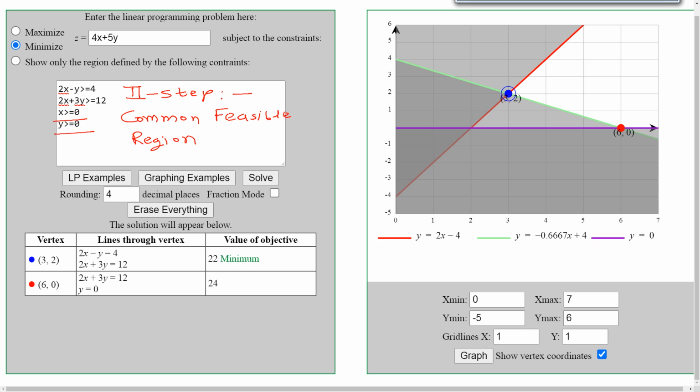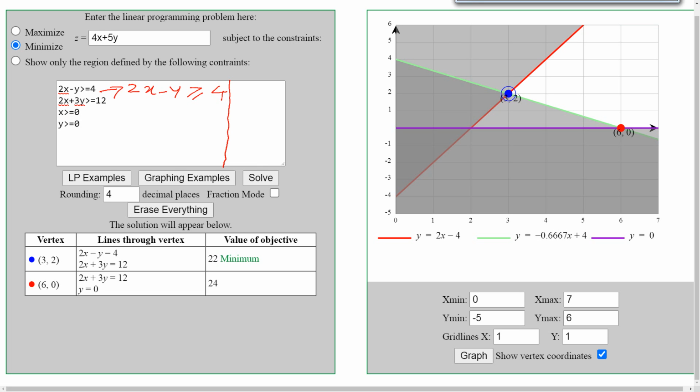So let us determine the common feasible region for the linear constraints. First we consider the constraint 2x minus y is greater or equal to 4. This is the first constraint that we are considering.